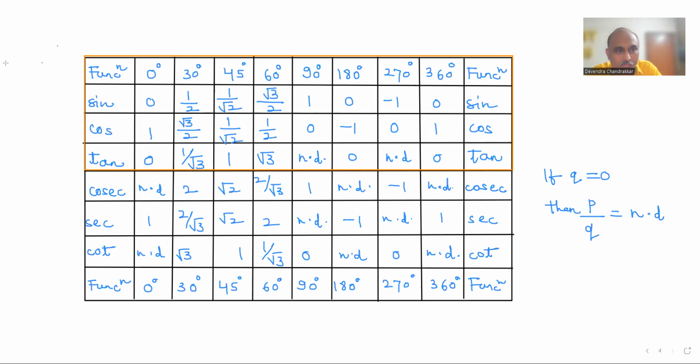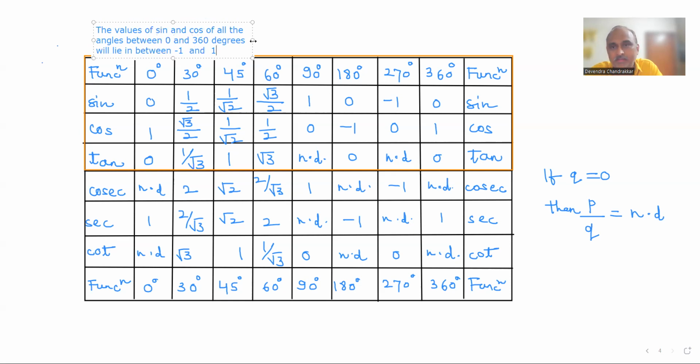Now, with this, I am also writing an important statement. The values of sine and cos of all the angles between 0 and 360 degrees will lie in between -1 and 1.